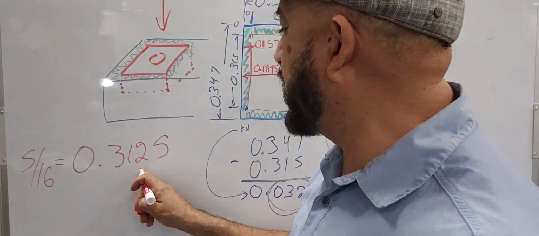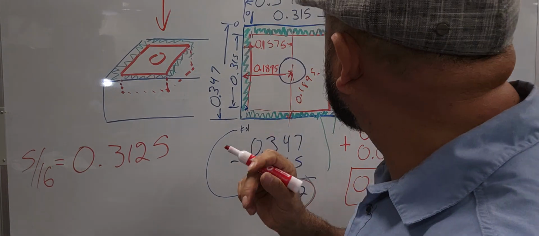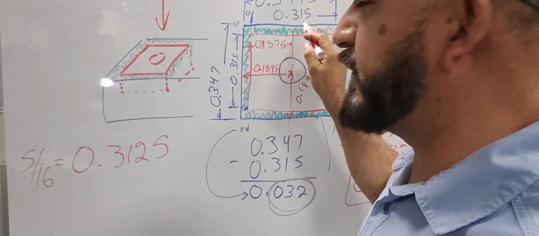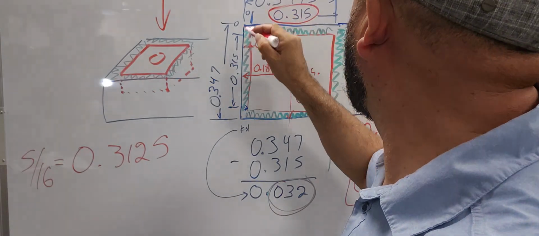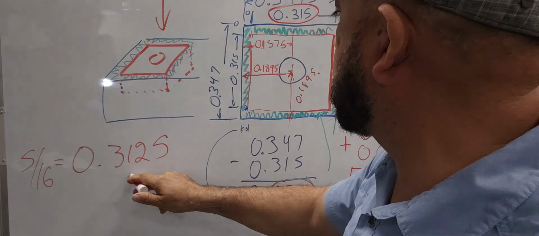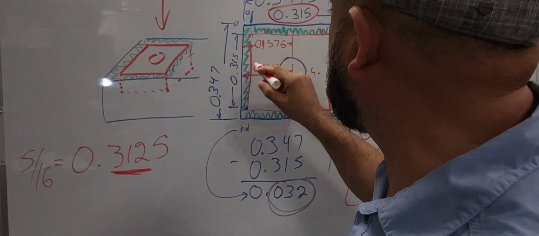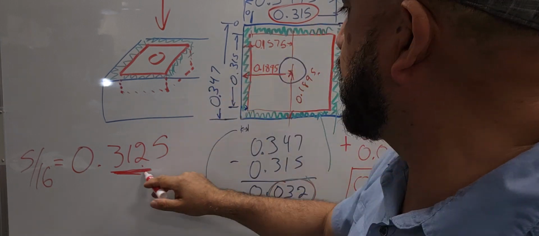So we got 312 and the actual pocket size. Check this out, guys. 315. Whoa. So this number of our cutter, the diameter is almost exactly as this. Only 0.003 difference.